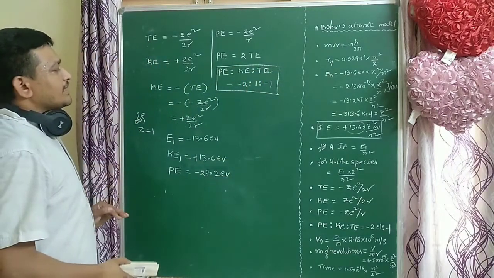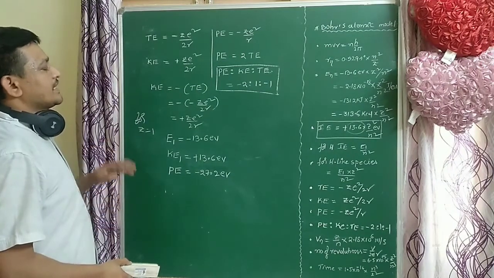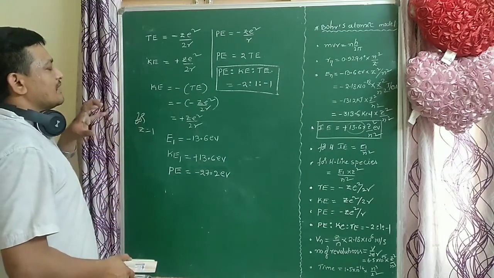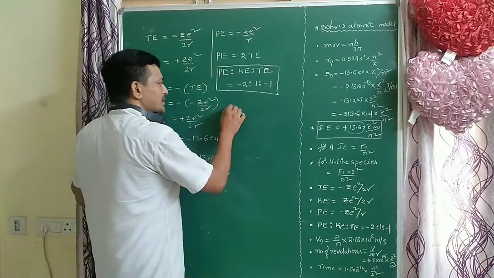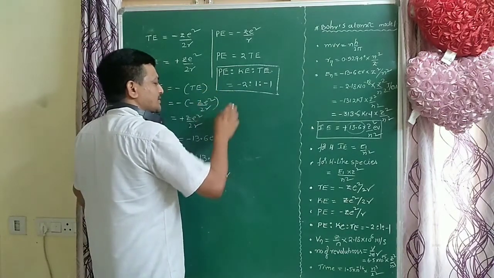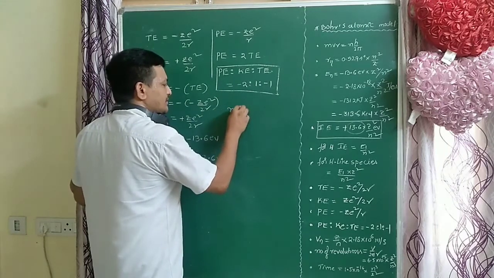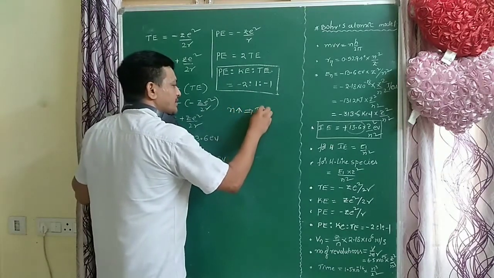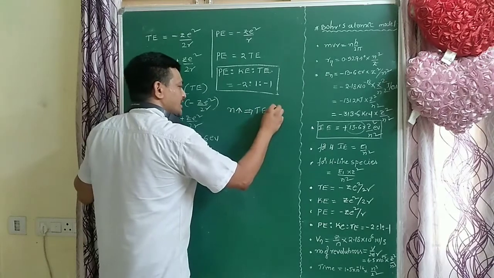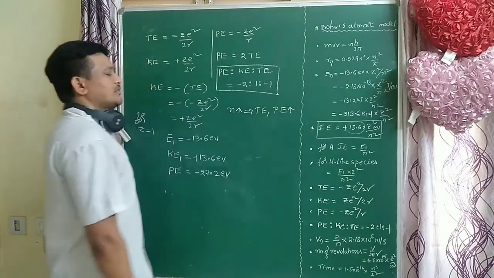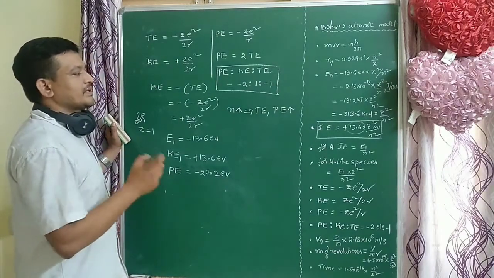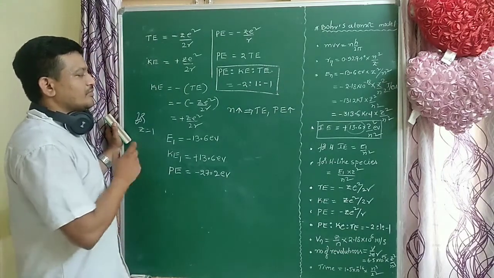As the n value increases, total energy and potential energy increase. That is very important.